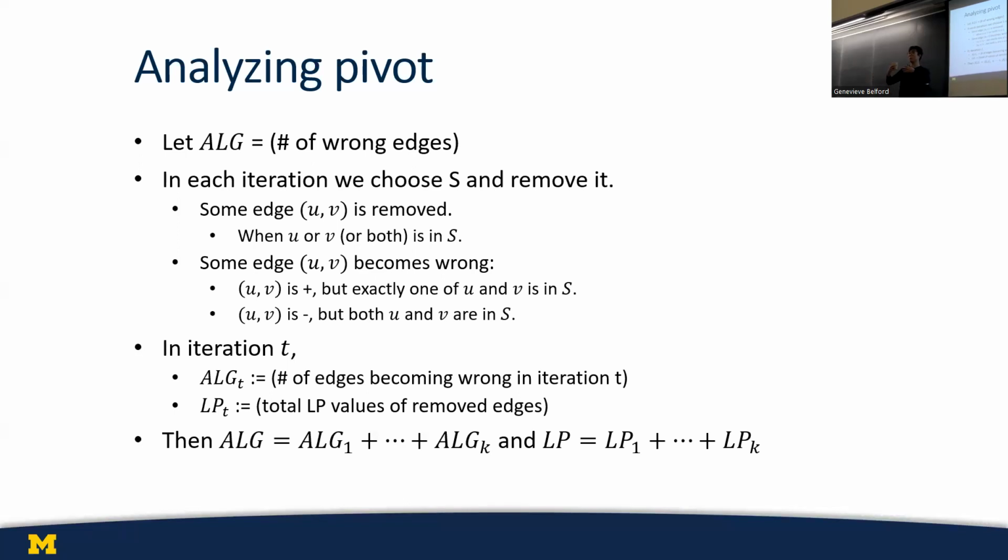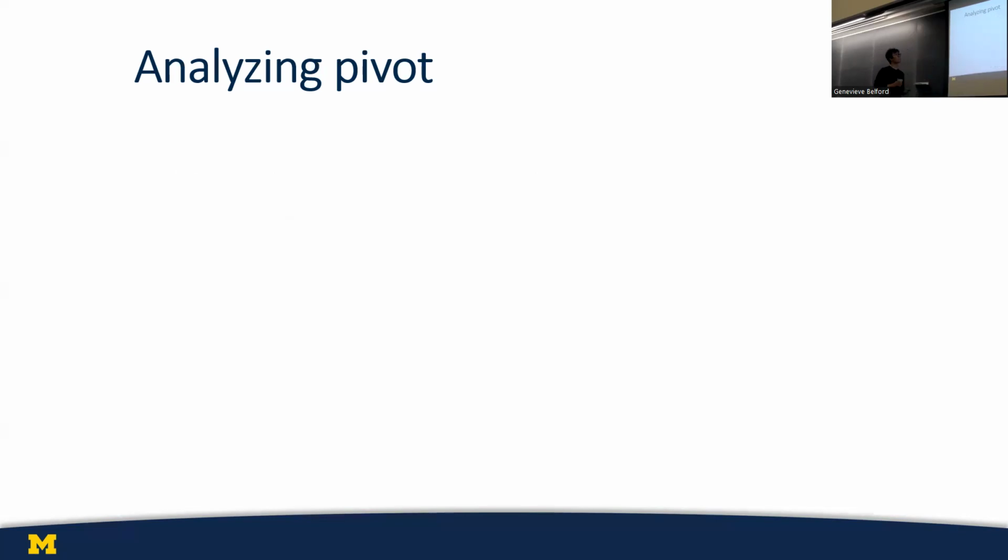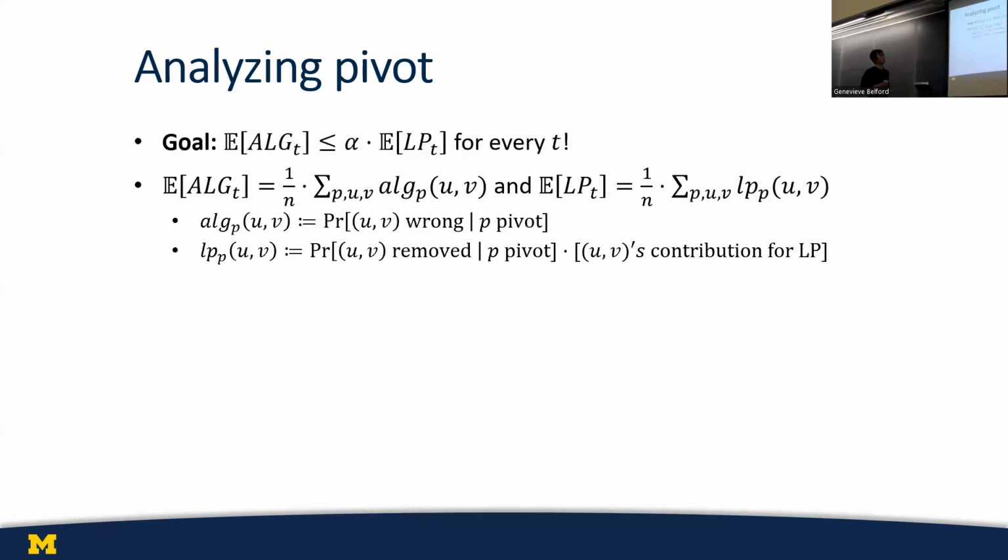Initially the LP contains this value, and in each iteration the LP decreases by some amount. If at least in expectation ALG_t is at most alpha times LP_t, then intuitively we get an alpha approximation, which is good, because then you can focus on only one iteration. That is good news, and this is our goal.